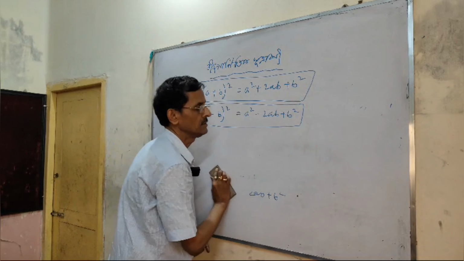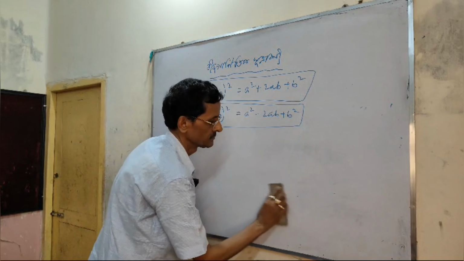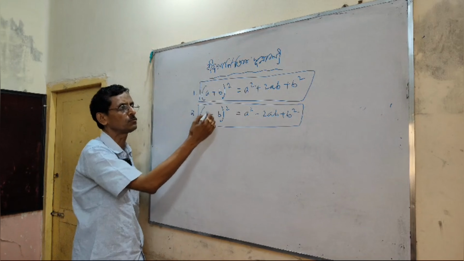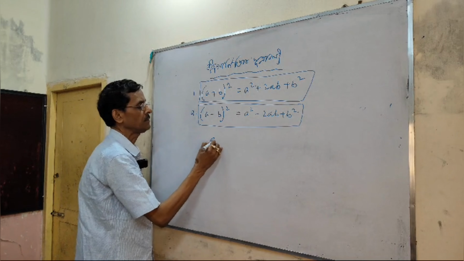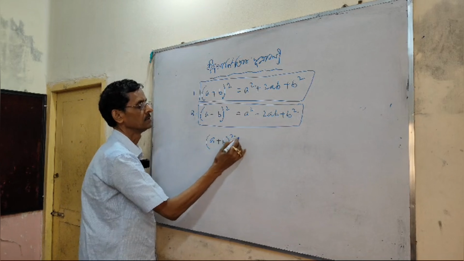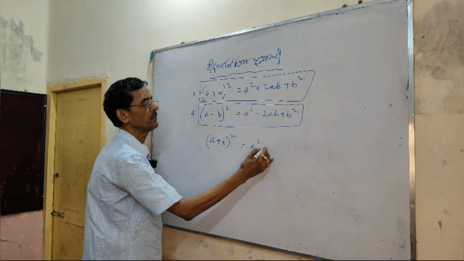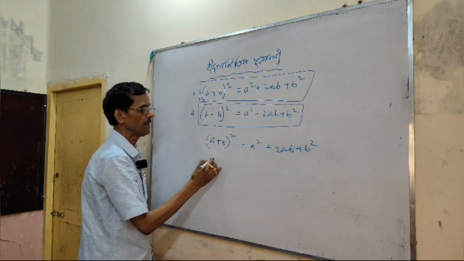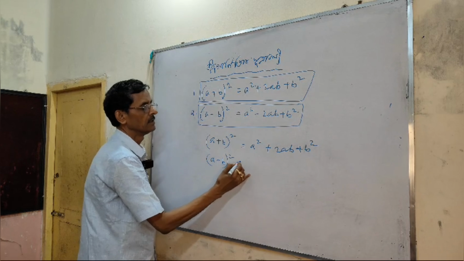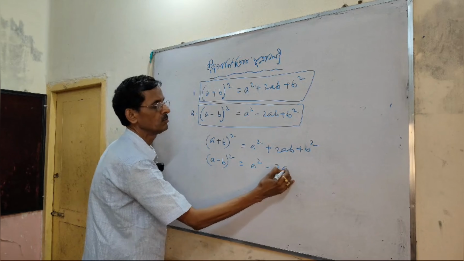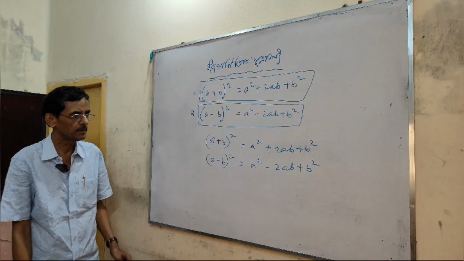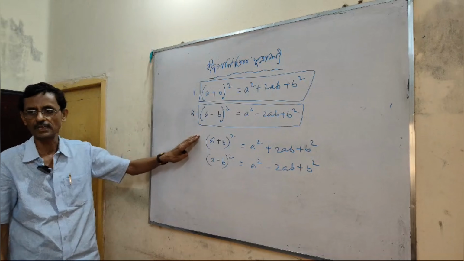Then we have to find this from these two formulas, that is a plus b whole square equal to a square plus 2ab plus b square, and a minus b whole square equal to a square minus 2ab plus b square.